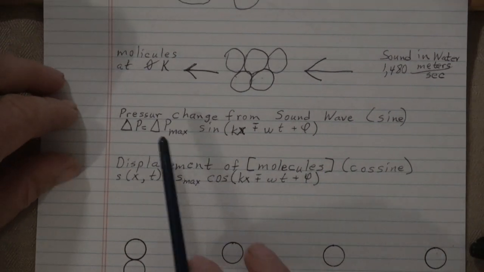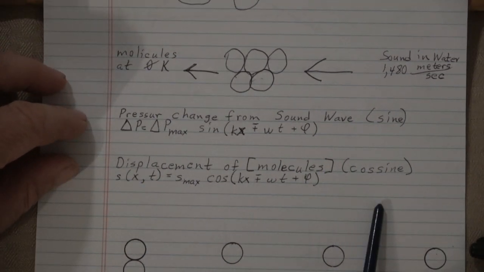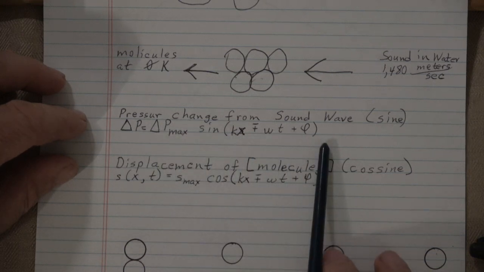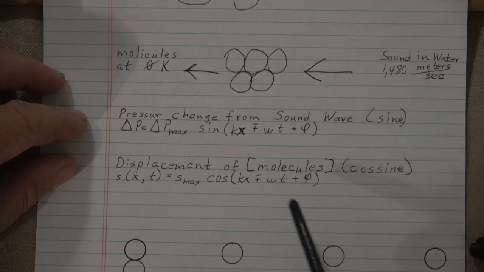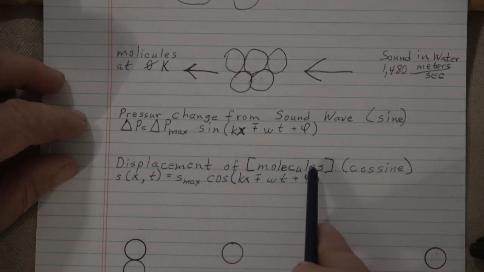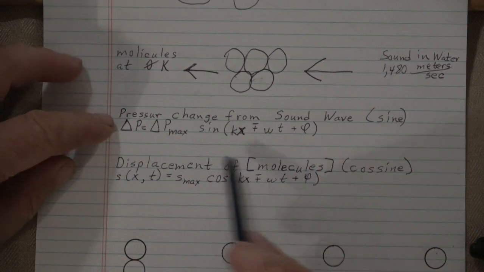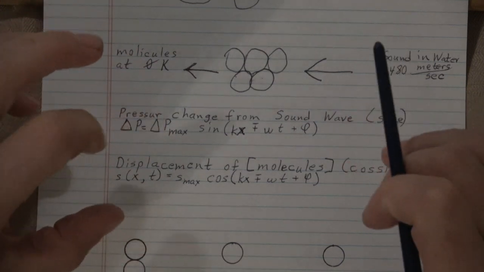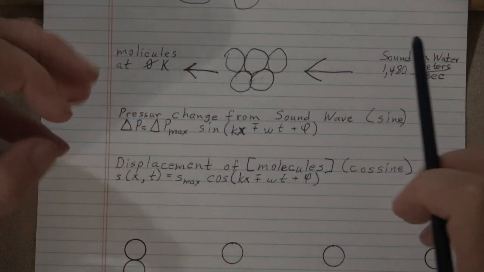So going to these two formulas, I'm not really too worried about what each one of these things represents. What I'm mostly looking at is this phrase right here, displacement of molecule, pressure change from sound wave, and that's the pressure of the molecules or the pressure of the atoms.